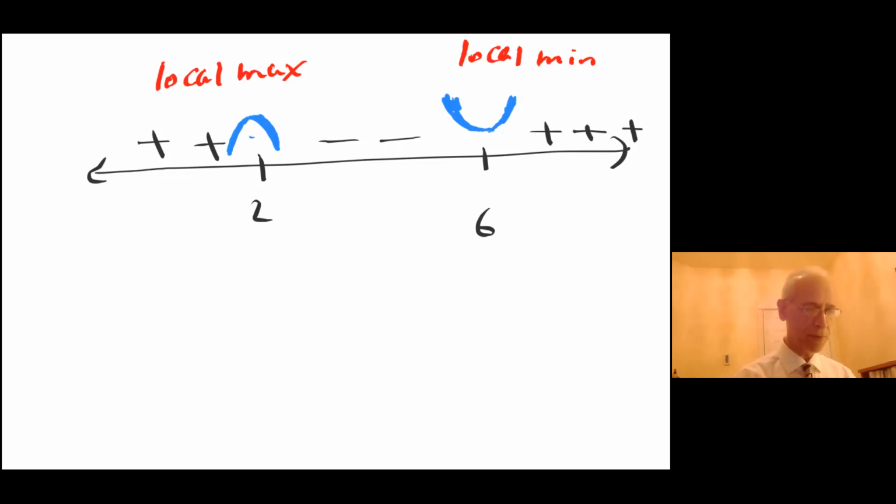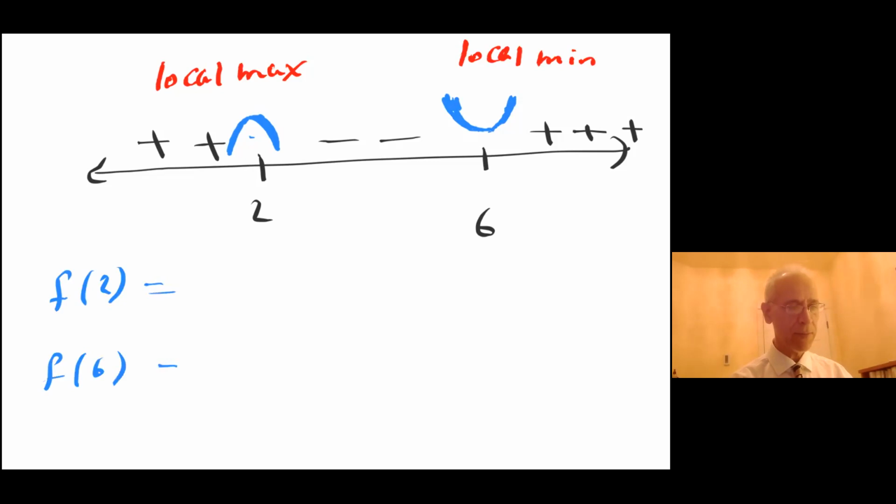What are those points precisely? Well, precisely f of 2 equals and f of 6 equals. Let's see. If we plug in 2 into our main equation, putting it in my calculator, I get 32, and for 6, I get 0.